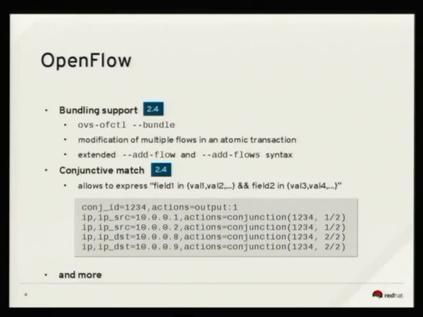Up to now, this actually required n times m flows to be set up, which is quite inefficient. If you matched 4 source addresses and 4 destination addresses, you would have to have 16 flows installed. Sucks. So Conjunctive Match solves this.